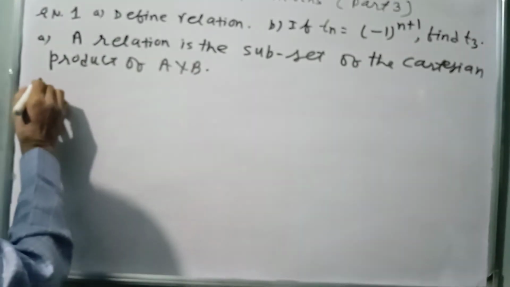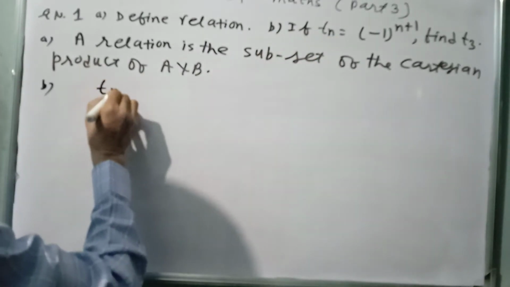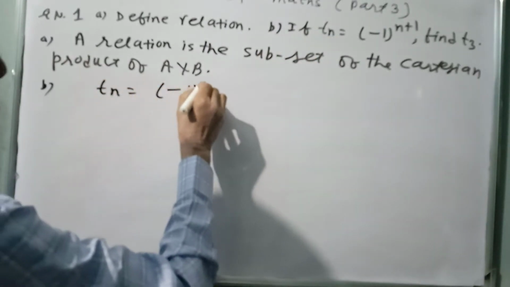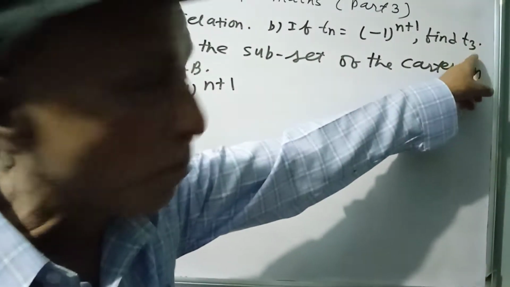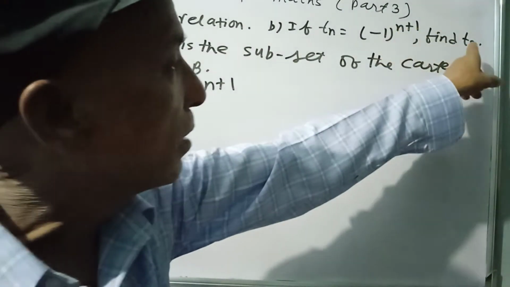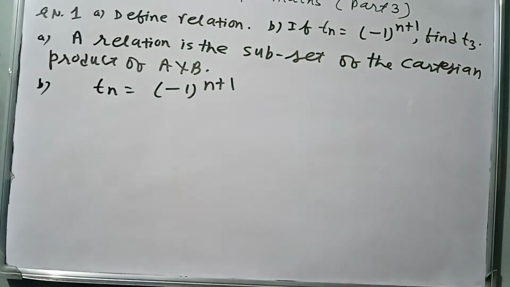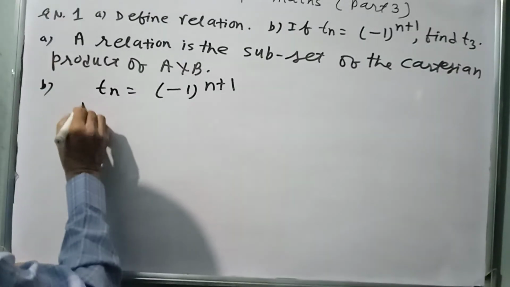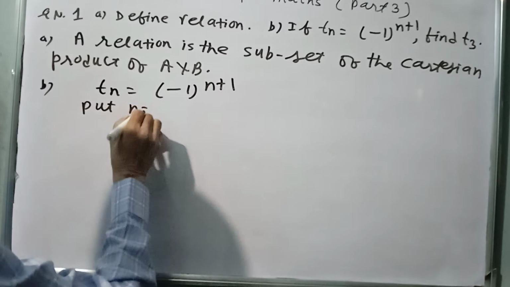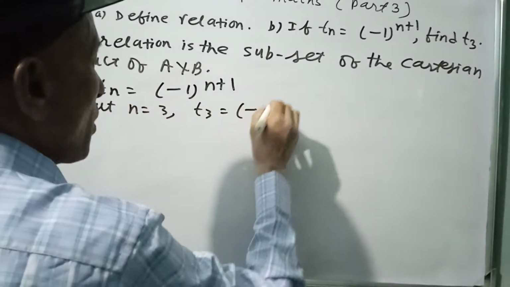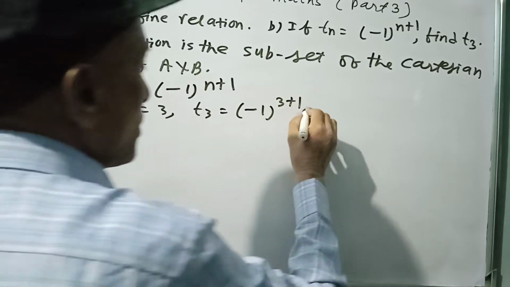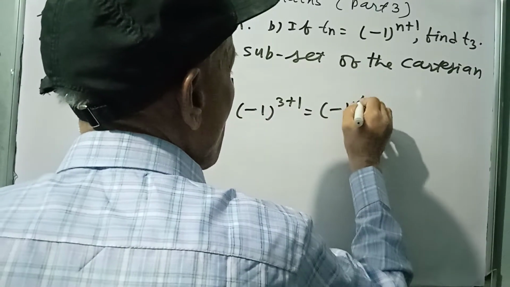Another B number, given condition Tn equal minus 1 to the power n plus 1. To find T1, first term, put n equal 1, but to find T3, put n equal 3. We get T3 equal minus 1 to the power 3 plus 1, minus 1 to the power 4.